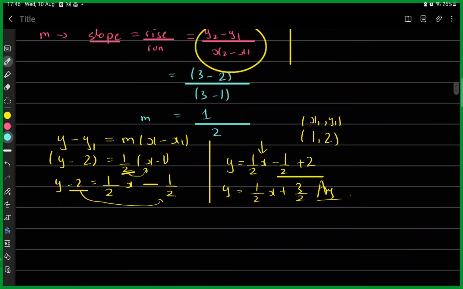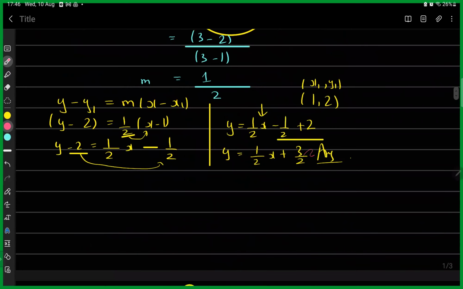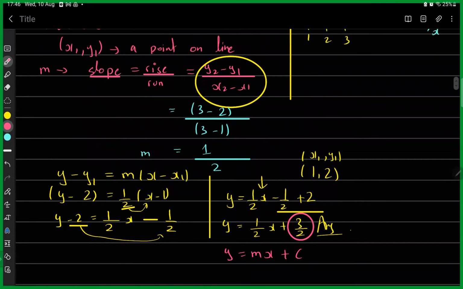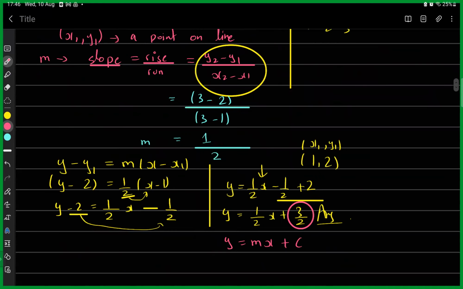Here we did not talk about y-intercept at all, but after simplification, this is y equals mx plus c. So this 3 by 2 is basically your y-intercept. If I continue this line, or if I would have made this line properly on a proper axis, you would be able to see that the line was cutting the y-axis at 3 by 2. So this way or the other, finally, your equation would be in this format.